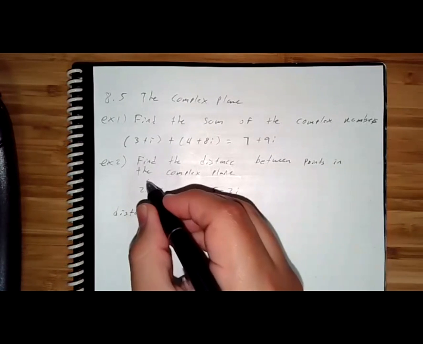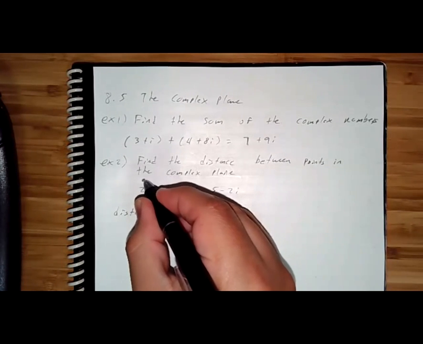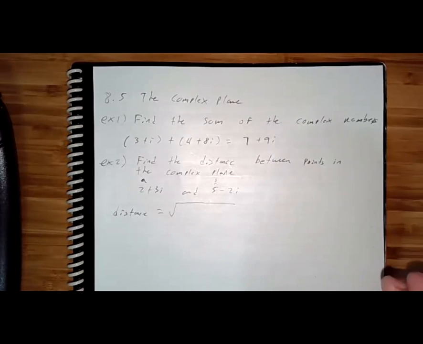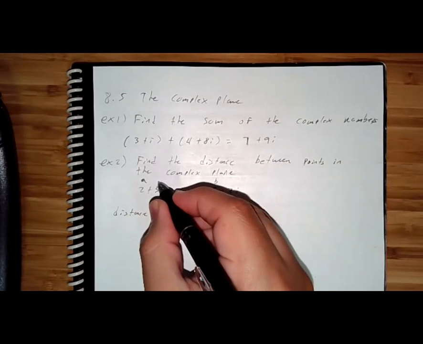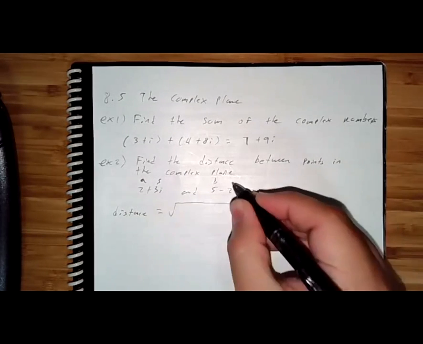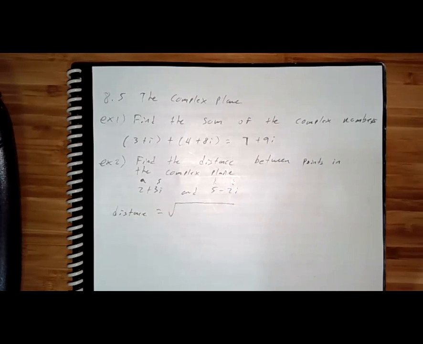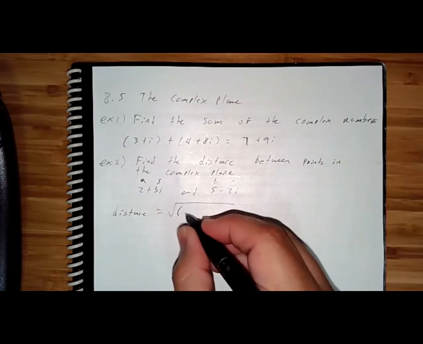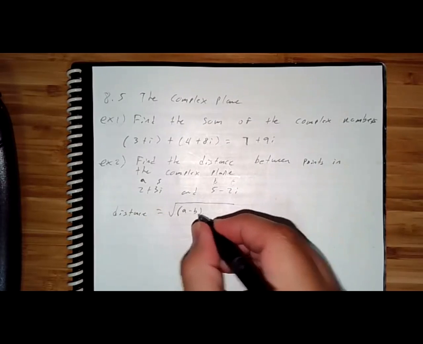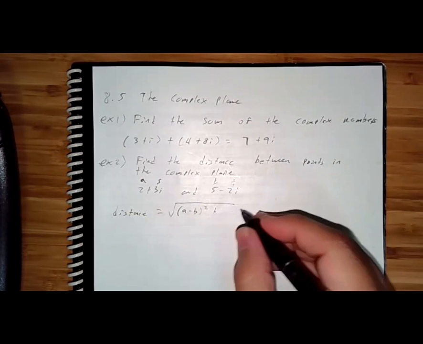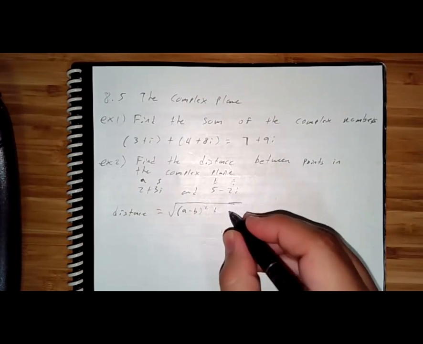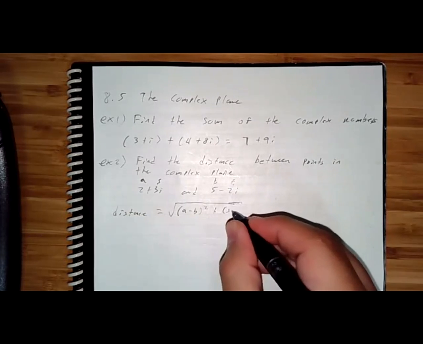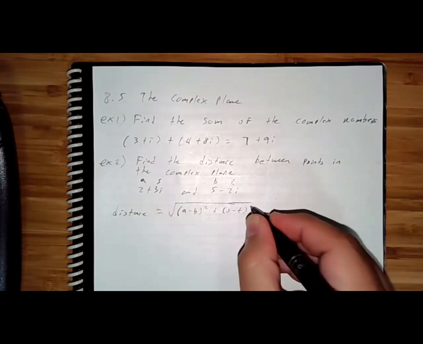So let's say I call this my A and B, and this will be my S and T. So you would square the difference between A and B, plus the difference between S and T, no imaginary pieces.